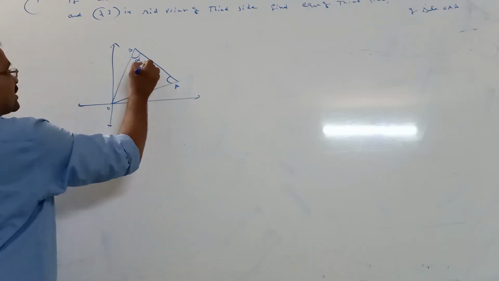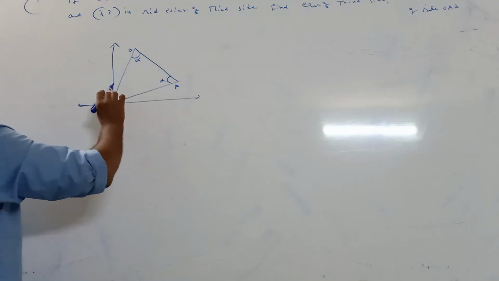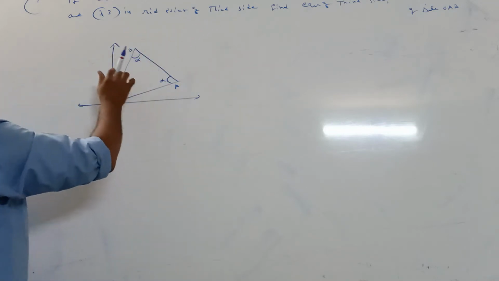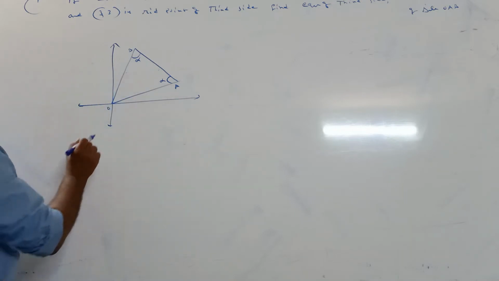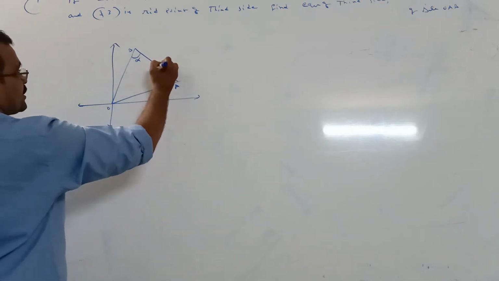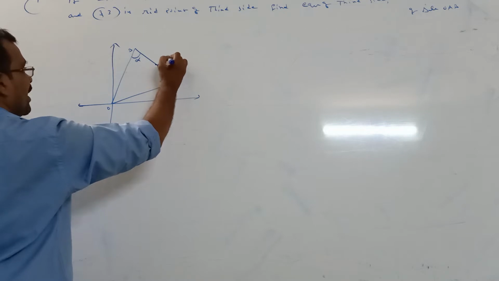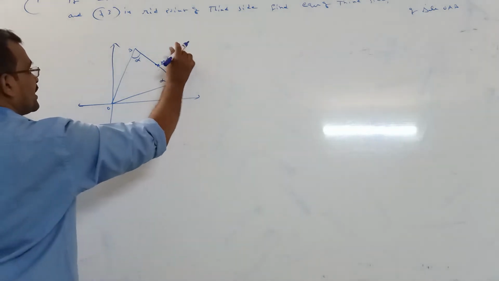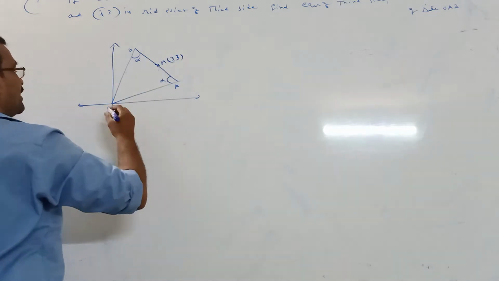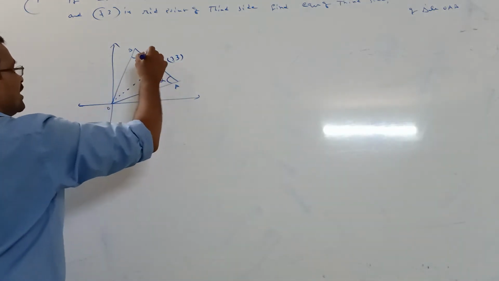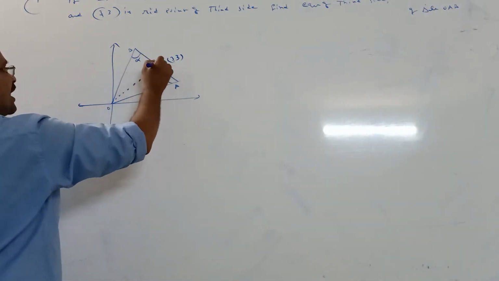That means these both angles are equal. Obviously, the third side's midpoint is given, M, that is 3, 3. They are asking for the equation of the third side.